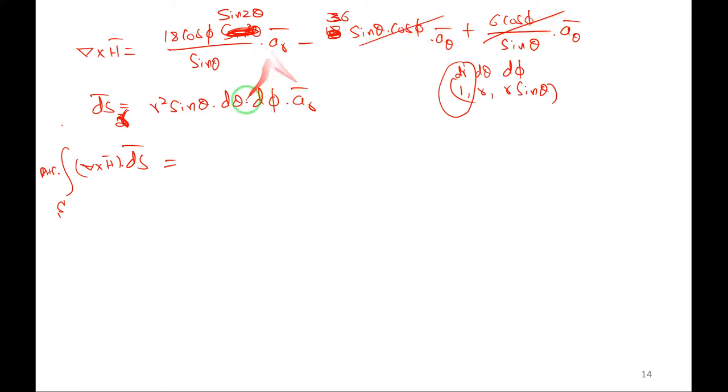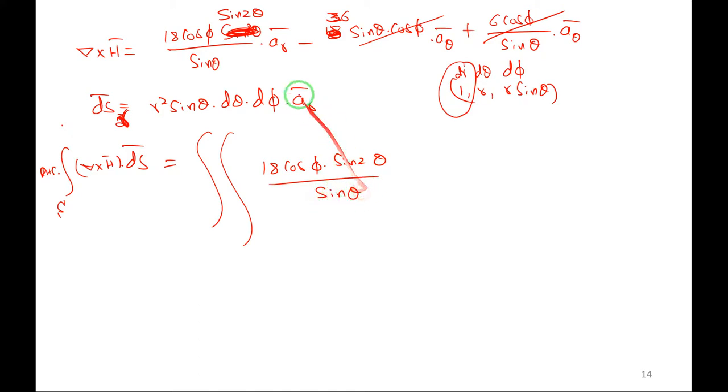So I'm left out, so integration will be easy, right? So surface integral is double integral, so 18 cos phi into sin 2 theta divided by sin theta into this one, r square sin theta, because ar dot ar is 1, into r square sin theta d theta d phi, right?